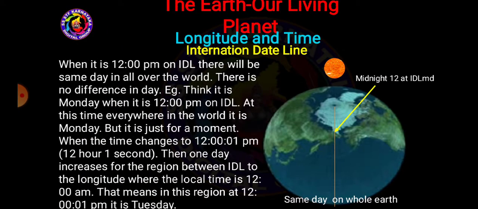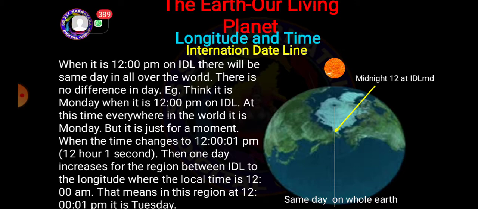When it is 12 p.m. on IDL, there will be the same day all over the world. There is no difference in a day. Example, think it is Monday when it is 12 p.m. on IDL. At this time, everywhere in the world it is Monday. But it is just for a moment.